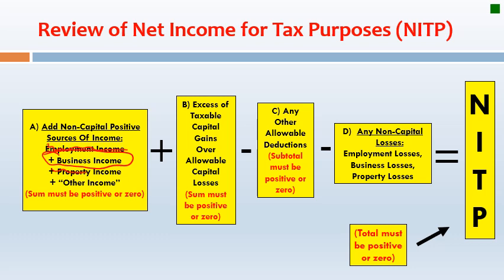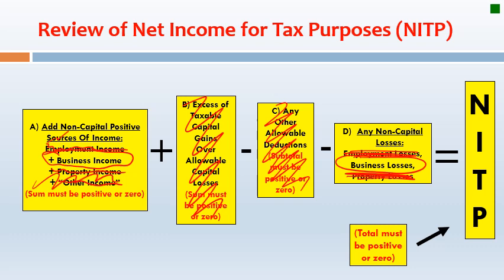Property income is possible, but we're not going to deal with any of this stuff for now. There's going to be no other income. We're not going to worry for right now about capital gains. There's no such thing as other allowable deductions. There's no such thing as employment losses. A corporation can't be employed. There could potentially be property losses, but I don't want to worry about that either. So potentially you could have a business loss.